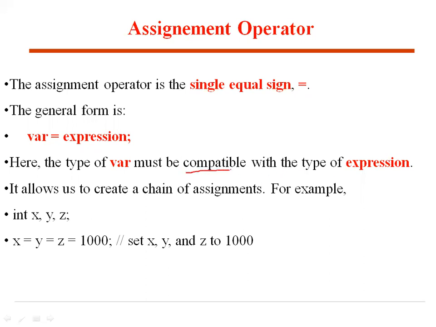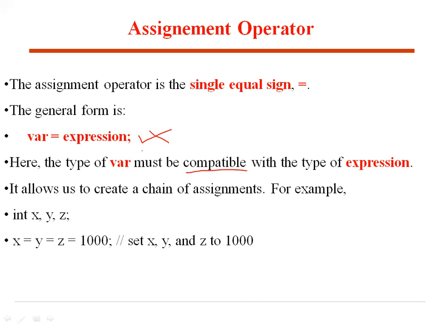Then only the compiler evaluates this expression and assigns its value to the variable. If the value of the expression and the variable are not compatible, then the compiler immediately gives an error. It says this is not a valid statement.